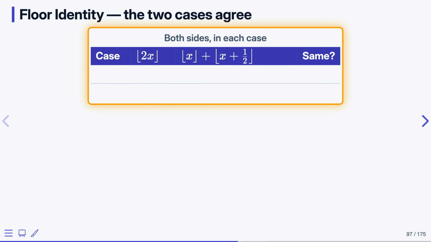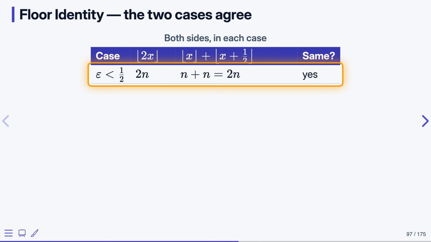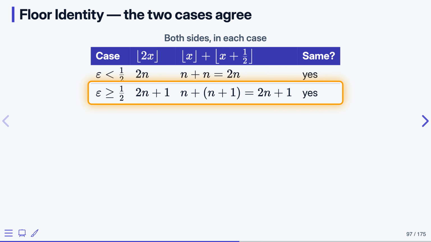Let us put the two cases side by side and finish. Case 1, epsilon below 1/2. The left side came out as 2n, the right side was n plus n, which is also 2n. They agree. Case 2, epsilon 1/2 or more. The left side came out as 2n plus 1. The right side was n plus 1, which is also 2n plus 1.